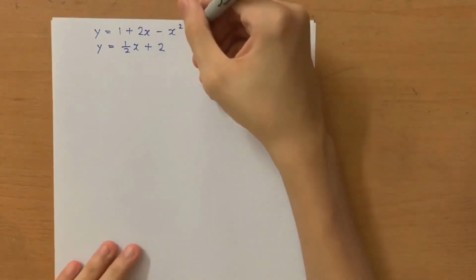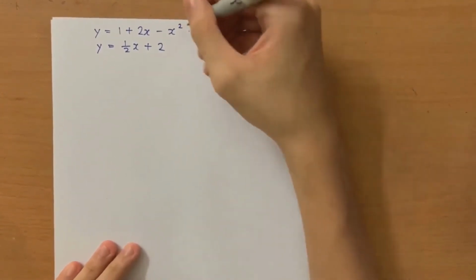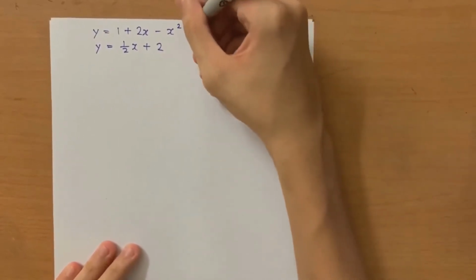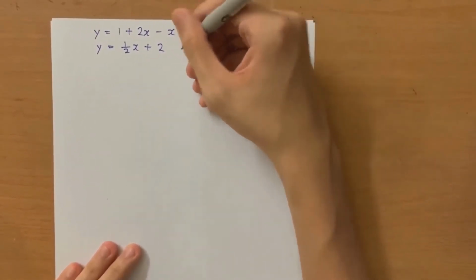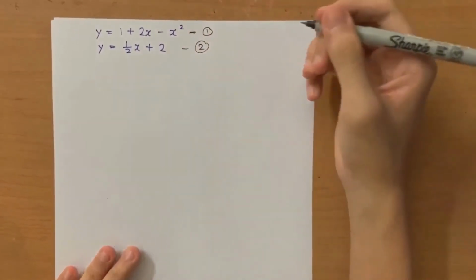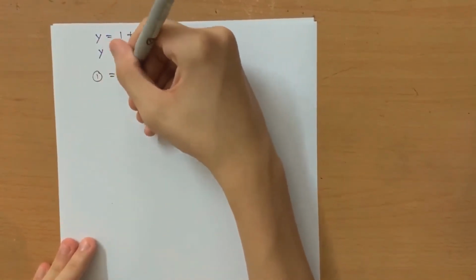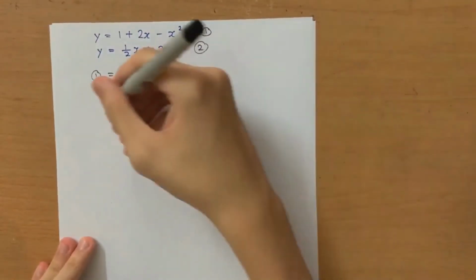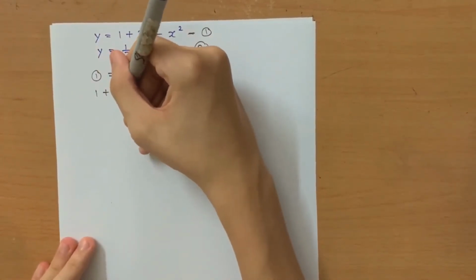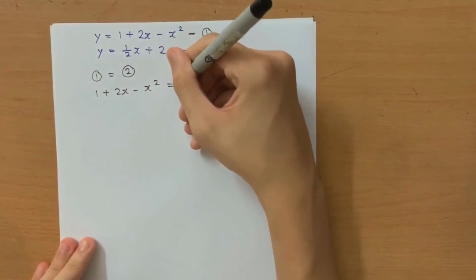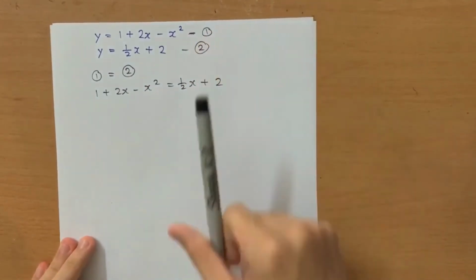So whether there's intersections or not, we'll prove it. So once again, we're just going to call this equation 1, and this is equation 2. And now we are just going to let equation 1 is equal to equation 2 because the y values are the same. So 1 plus 2x minus x squared is equal to half x plus 2.